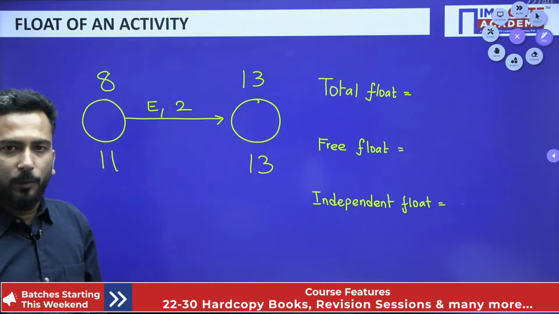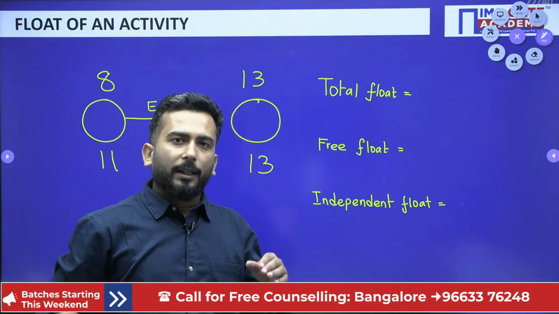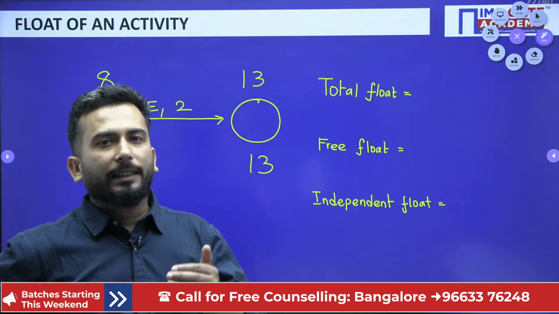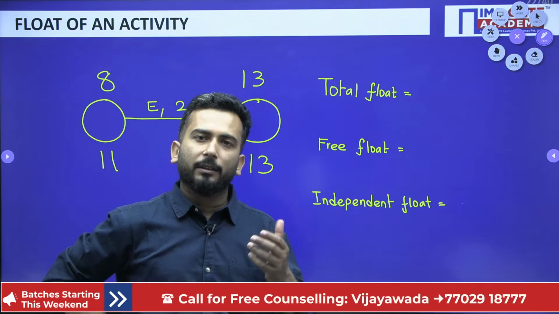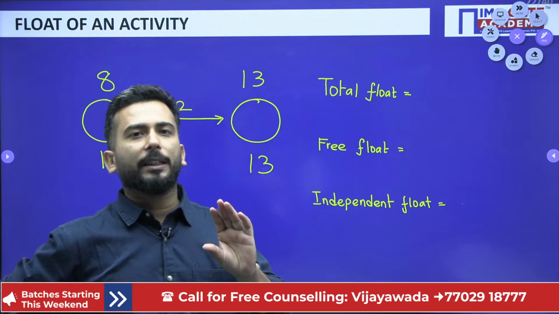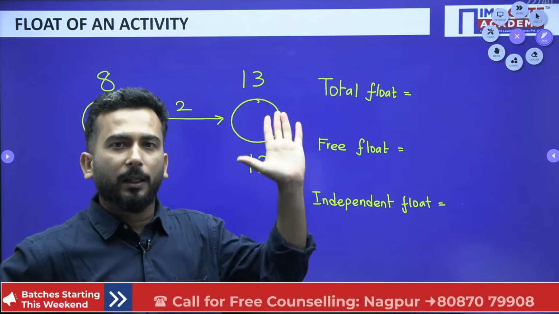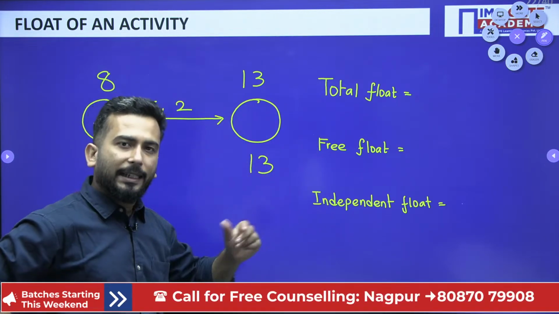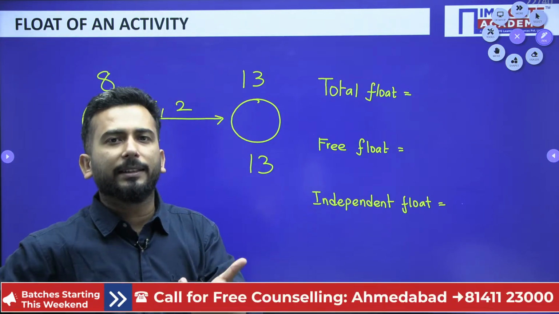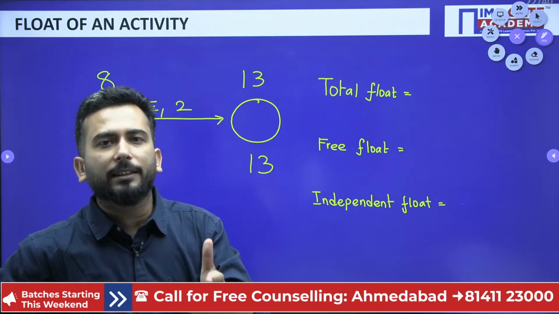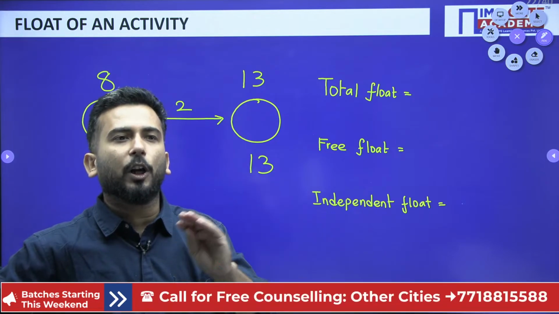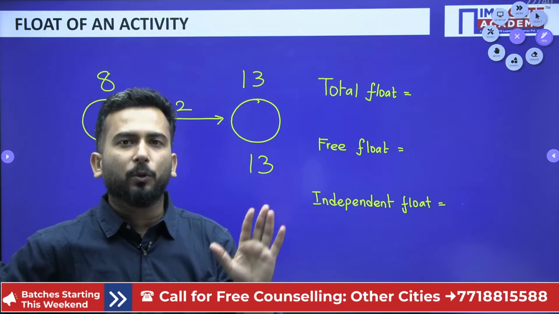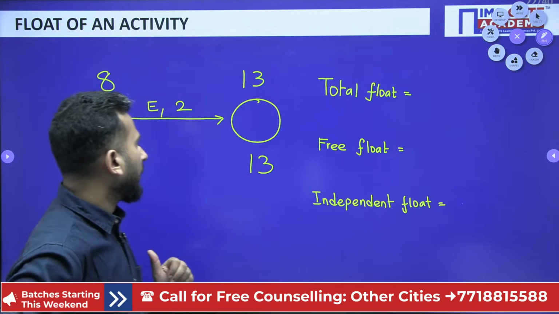What is float? For an event, you calculated the relaxation time, meaning how many days I can take off and go to Goa. Similarly, in an activity also, there must be some relaxation time: what is the relaxation allowed for doing this activity? Meaning for how many days I can take a break and go to Goa and chill around.